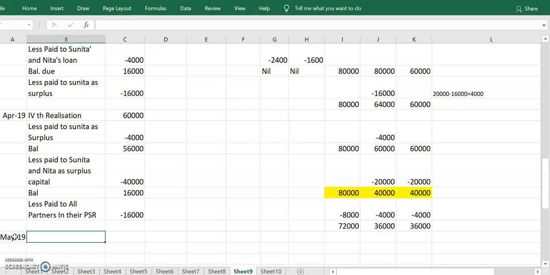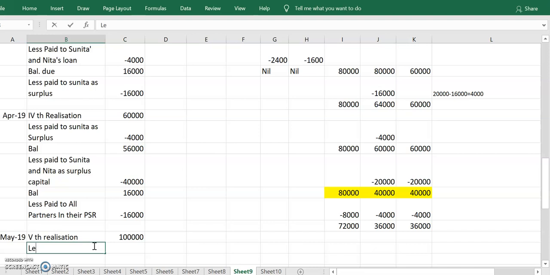Realization: consider your question, or check your question for the further headings, which are present in your video number 1. 1 lakh rupees amount is present here. So it is paid to all partners in their profit sharing ratio, whatever be the 1 lakh.